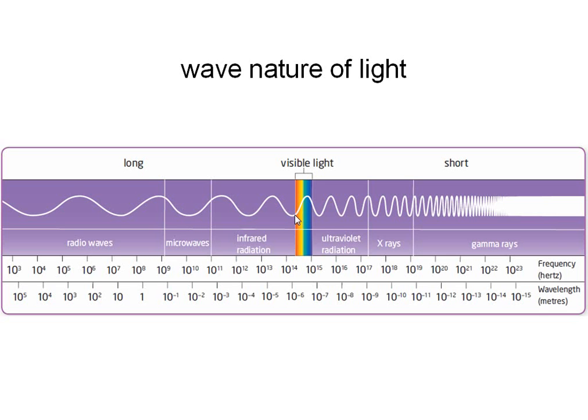If the wavelength is 50 nanometers shorter, for example 650 nanometers, then it is orange. Another 50 nanometers shorter, 600 nanometers, is yellow light. Then 550 nanometers is green light.